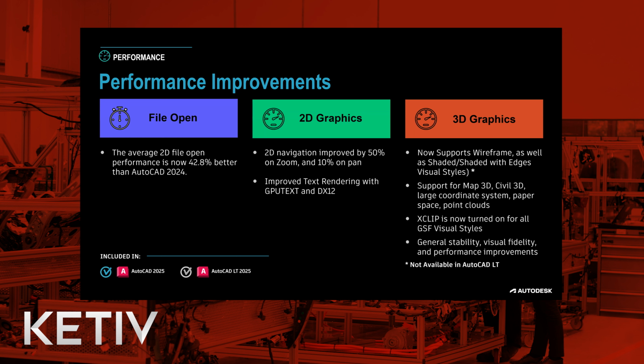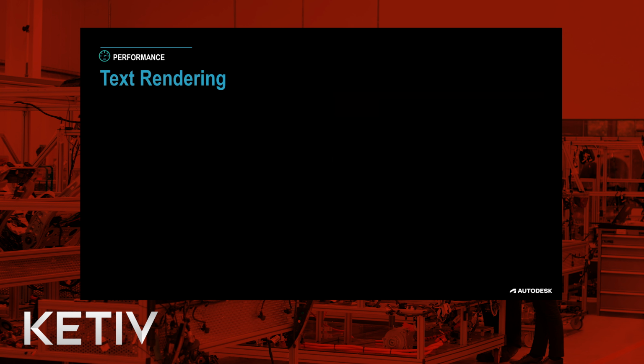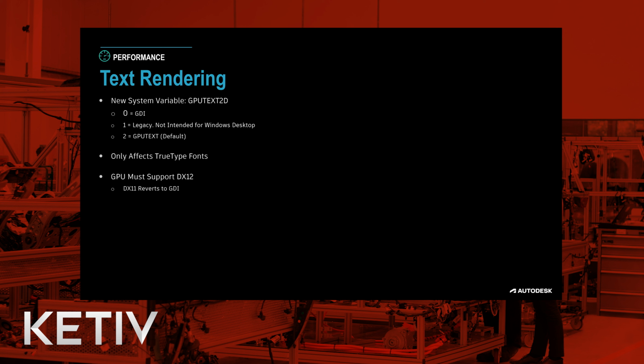Let's talk a little bit about text rendering though, which, as I mentioned, has been improved. This is due to a new system variable we have, GPUTEXT2D. The default for this with the initial release of AutoCAD was a setting of 2. 0 will disable that and set the font rendering back to the original GDI font engine.